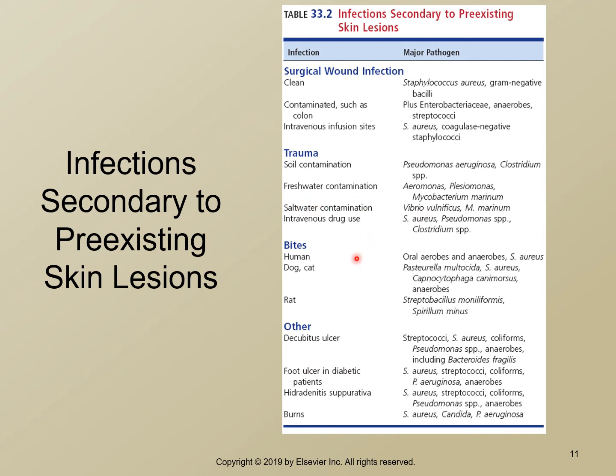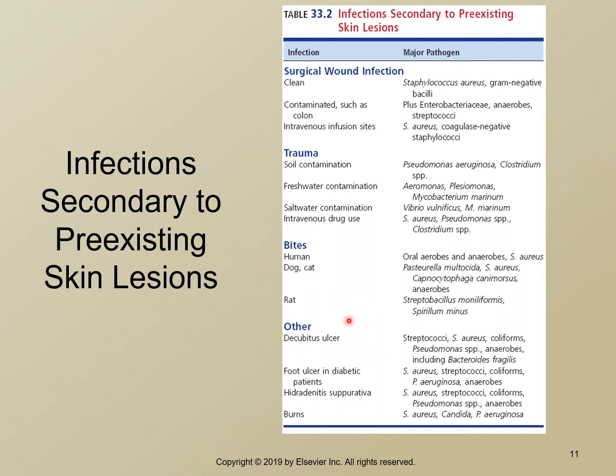In addition, some of the other organisms we saw that can cause skin infections include human oral aerobes and anaerobes, along with Staph aureus, and then the dog, cat, or rat-associated bites. So with dogs and cats, we know that Pasteurella is a common organism that might be seen. Also Capnocytophaga. With rats, Streptobacillus moniliformis and Spirillum minus are organisms more commonly associated with rat infections.